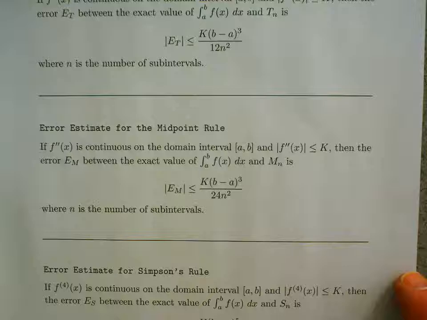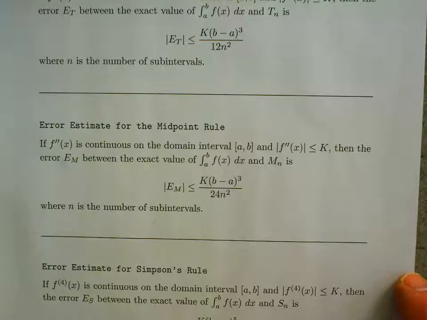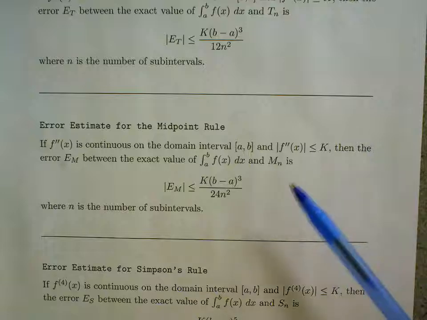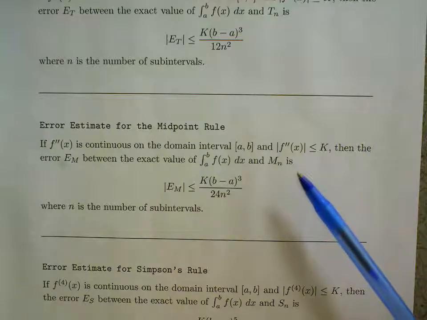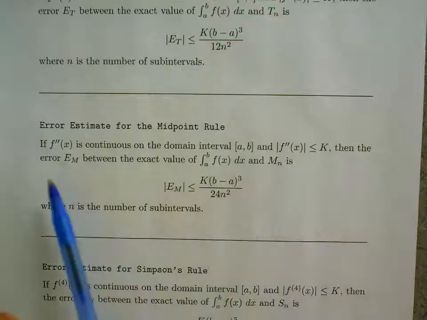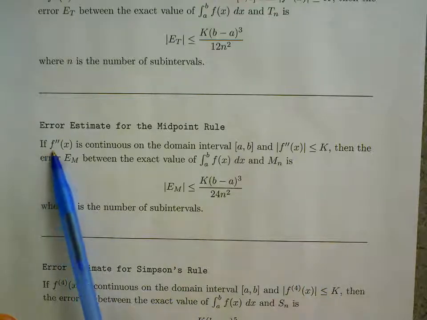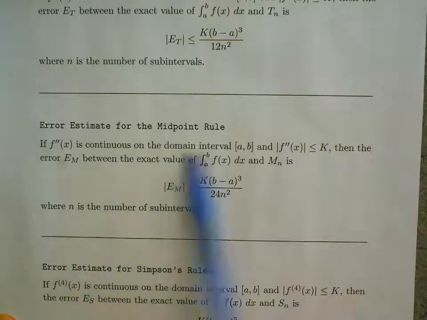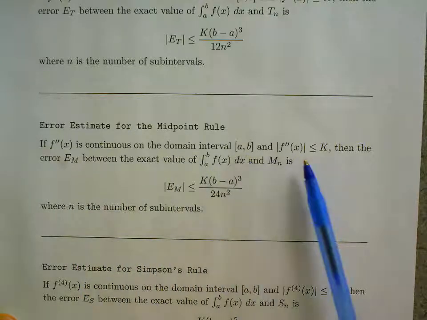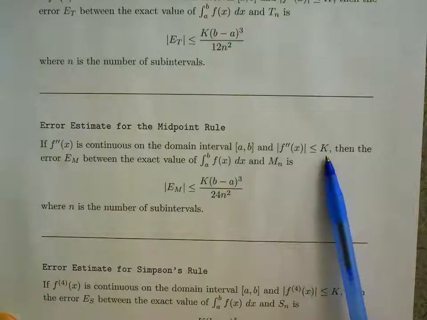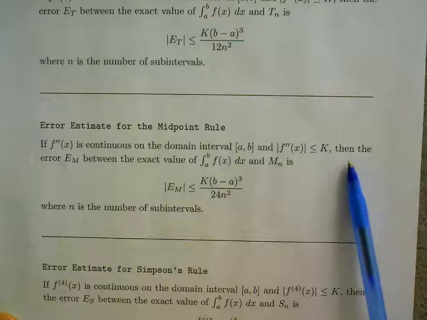The error estimate for the midpoint rule, this one is pretty close to the same as the error estimate of the trapezoidal rule, but it is a little bit different. On this one, we still have the second derivative being continuous on the domain interval from a to b, and the absolute value of the second derivative is less than or equal to k on that interval from a to b.